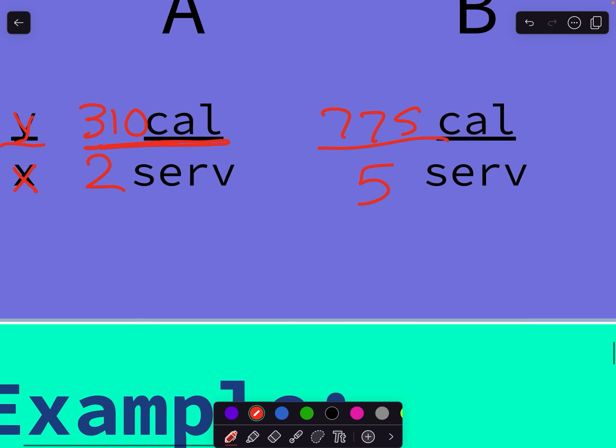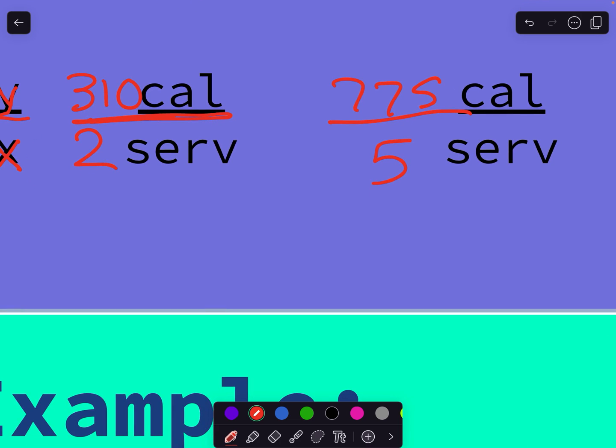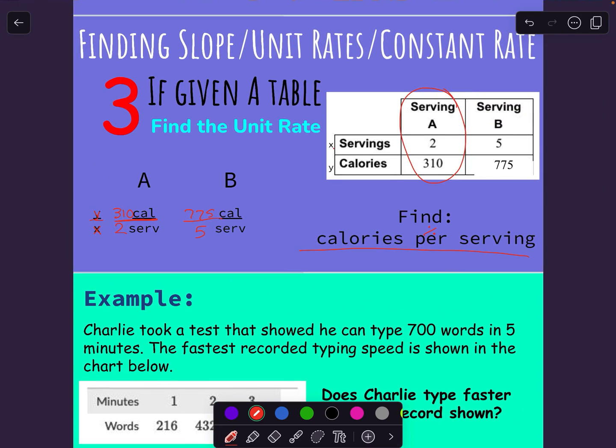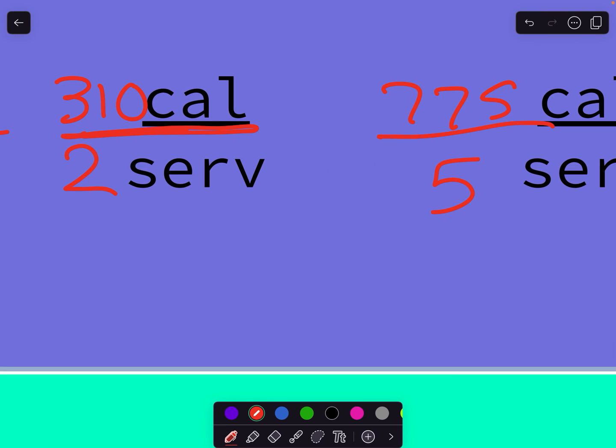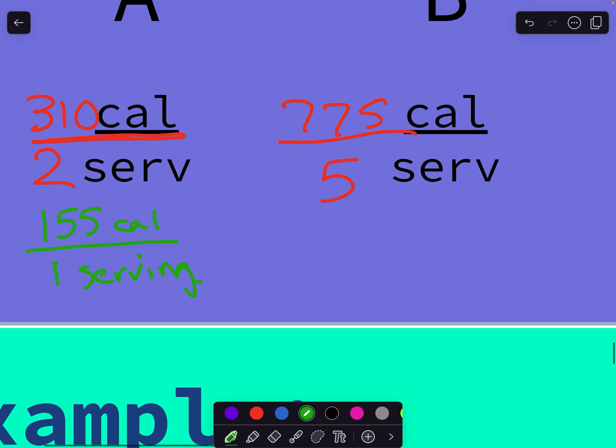So these should both theoretically be the same thing. If we do 310 divided by 2, I'm going to get 155 calories for 1 serving. Looking at the other one, 775 divided by 5, you would also get 155 calories for 1 serving.